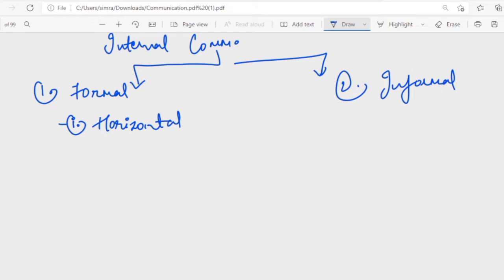So, when a person who is in some position or some grade is talking with another person of same grade or same post. When one professor is talking to another professor in college, that is known as horizontal. When one student is talking to another student in college, that is known as horizontal. When one manager is talking to another manager in same organization, same college, that is known as horizontal communication.